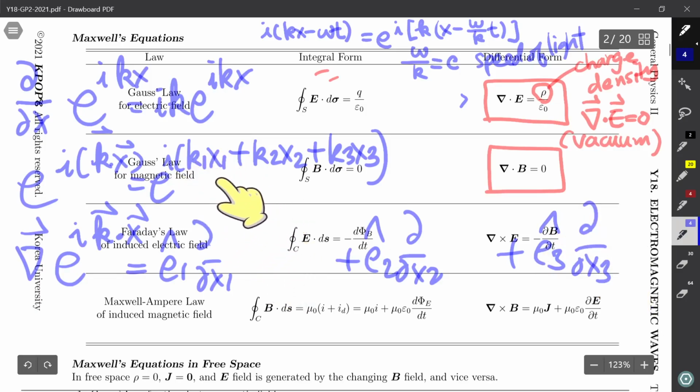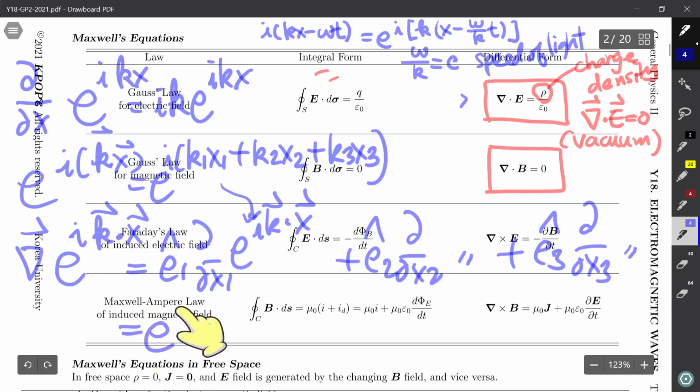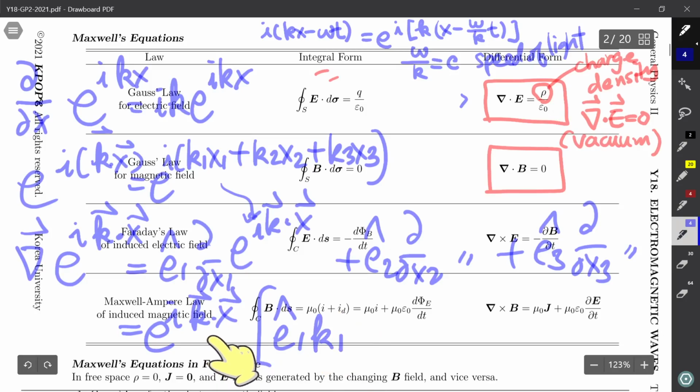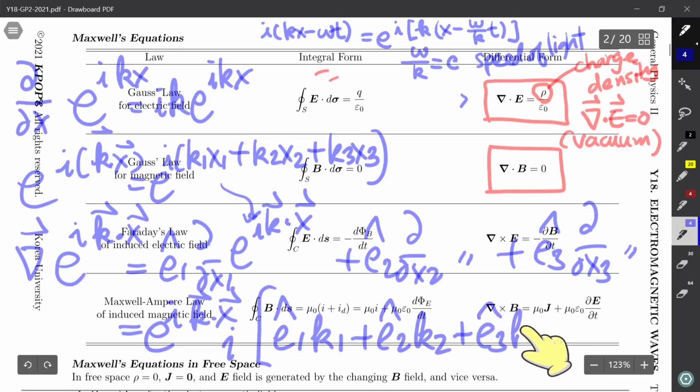The common factor e to the ik dot x remains, with i e1 hat k1, e2 hat k2, and e3 hat k3. This is just the ik vector times e to the ik dot x.